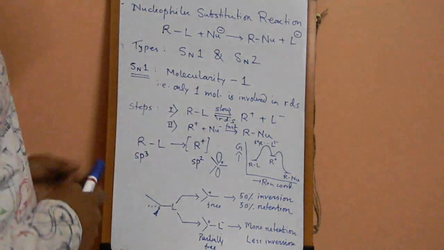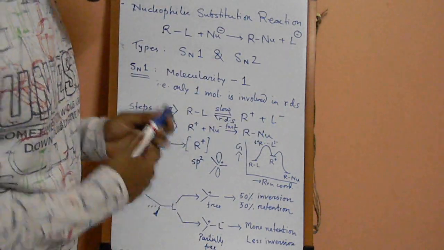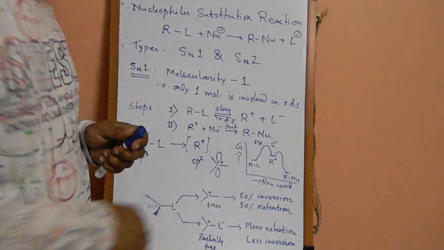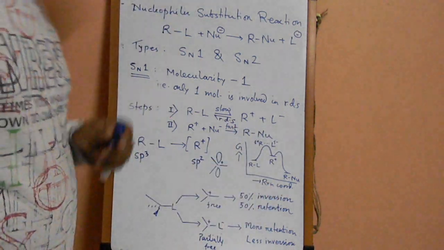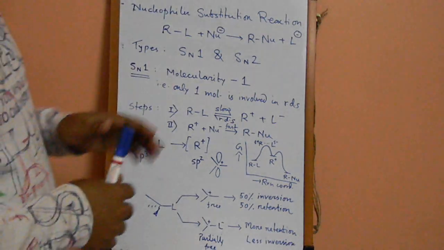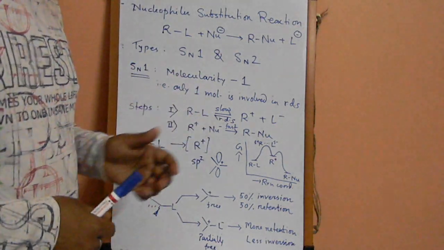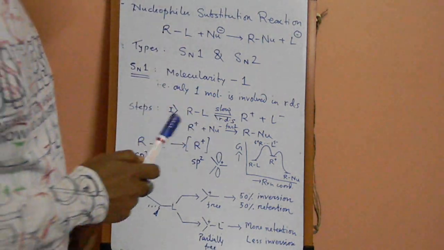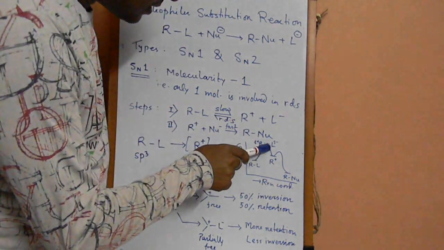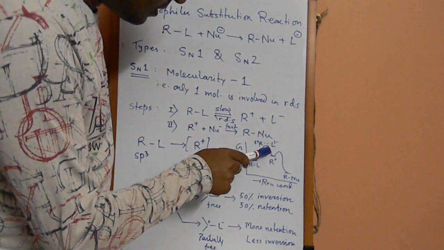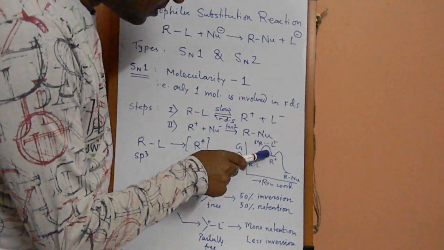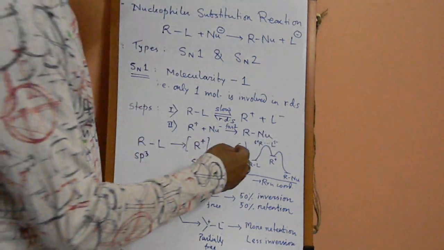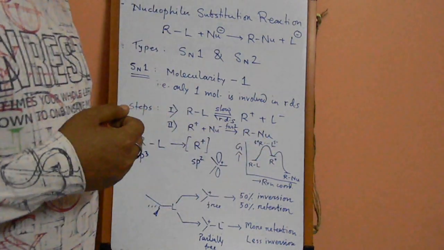Now, a very important thing: you can ask why R plus is above RL, not below RL. Is it possible? Here you have to consider the Hammond postulate. What is that postulate? If R plus is higher than RL, it is an energy-consuming reaction.